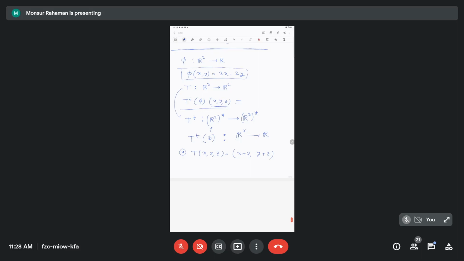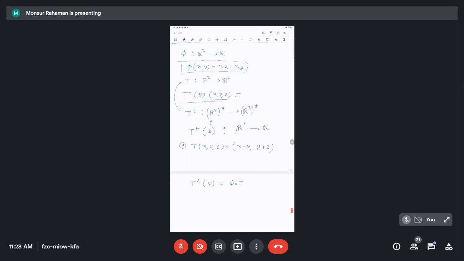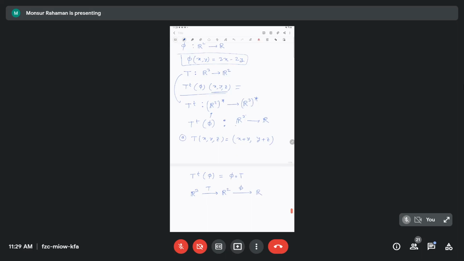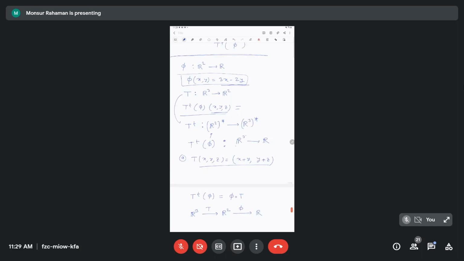Phi is this one, because T transpose phi is given as phi compose T. This T is from R3 to R2. Okay, this is T and this is phi. T is given in this way and phi is given in this form, 3x minus 2y.